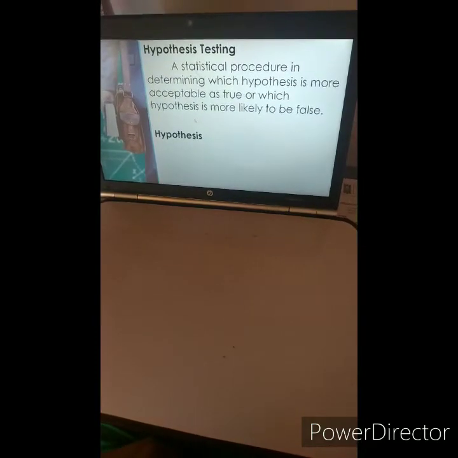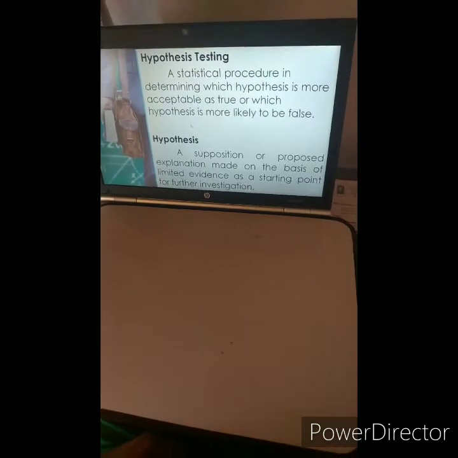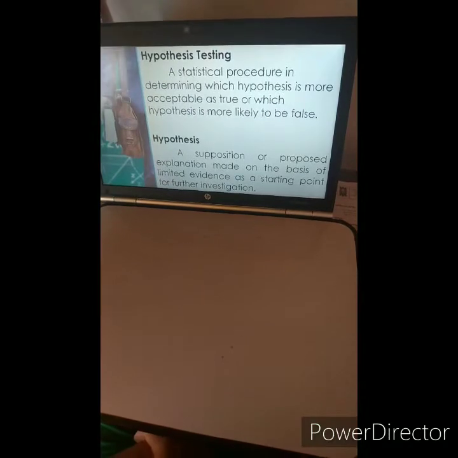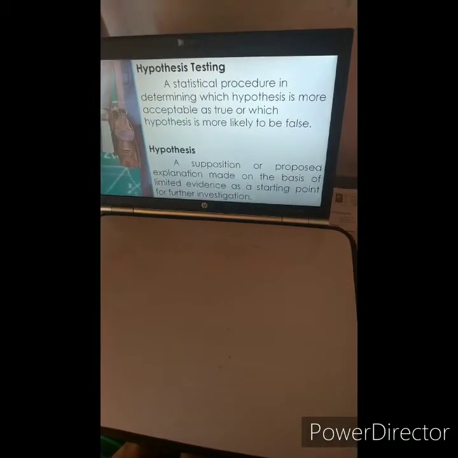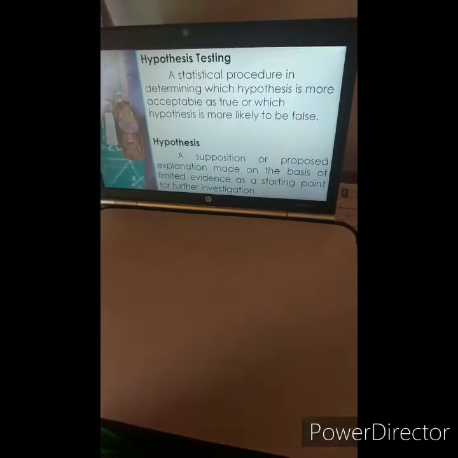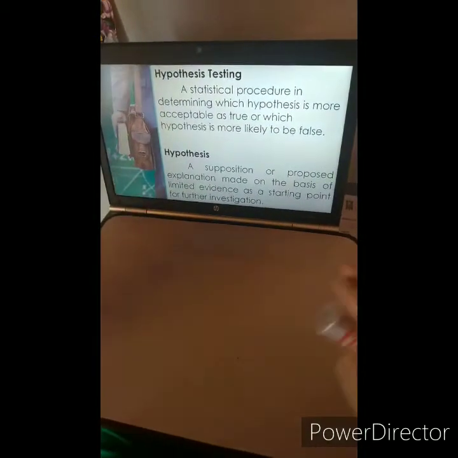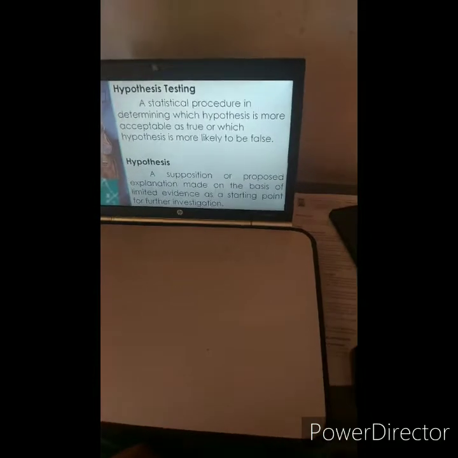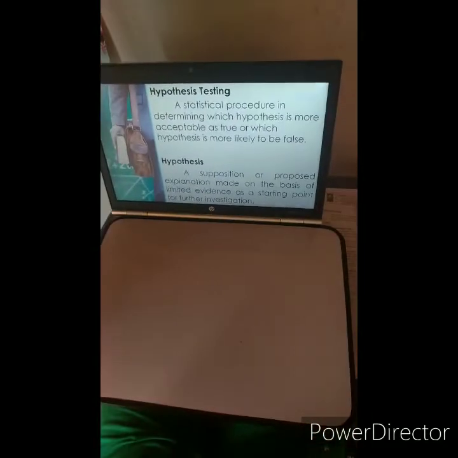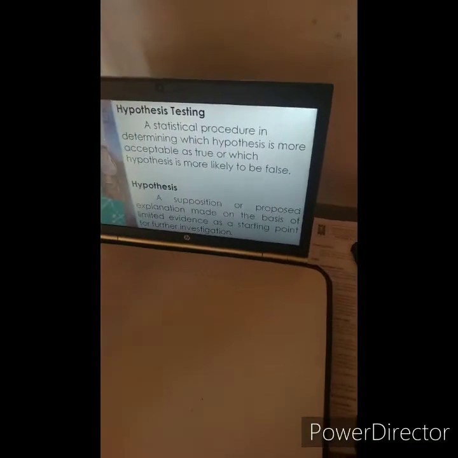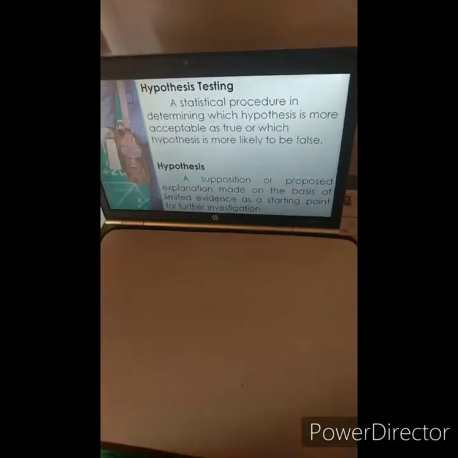And for the hypothesis, we have a supposition or proposed explanation made on the basis of limited evidence as a starting point for further investigation. Of course, you will state your hypothesis. That is a supposition or proposed explanation, and that is your feeling, your educated guess.